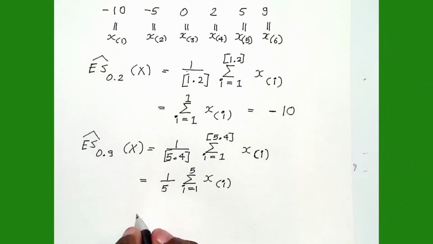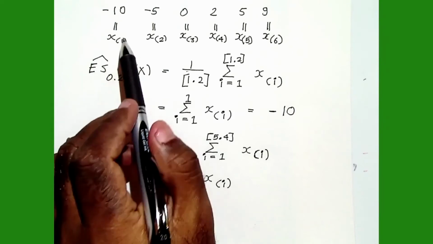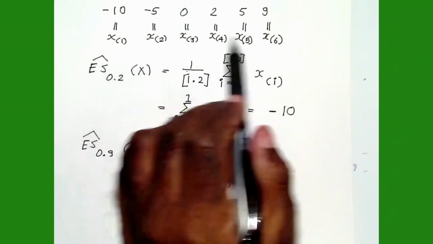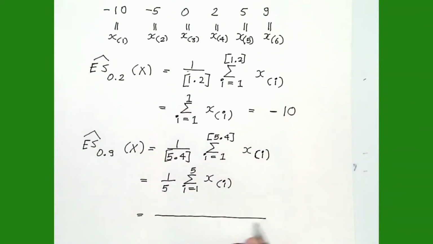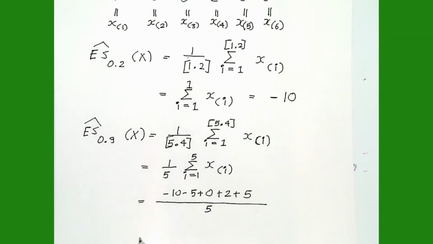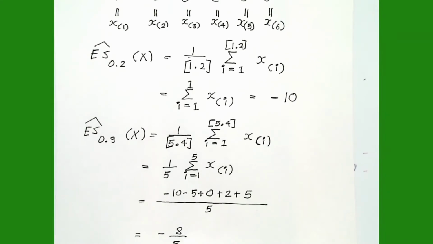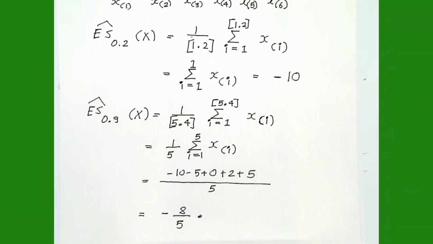If you sum the first 5 smallest losses and then divide them by 5, you will get minus 8 divided by 5. So this is just one example on the historical method for estimating ES.